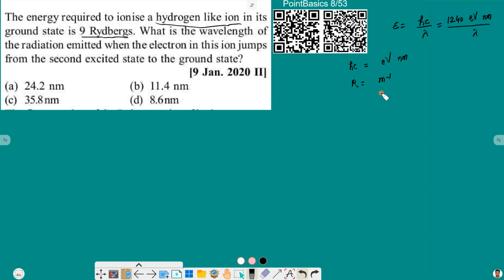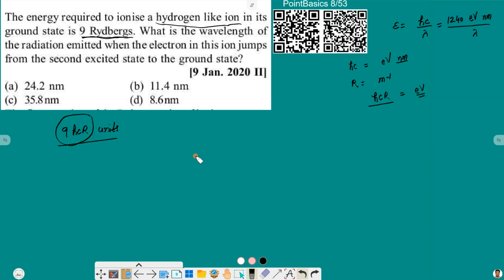If we multiply both of these, nanometer, basically meter, with meter inverse, hcR has units of electron volt. So basically hcR has units of energy. So the term mentioned here, that the energy required is 9 Rydbergs, is actually 9 hcR units.